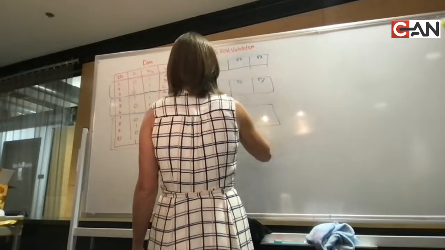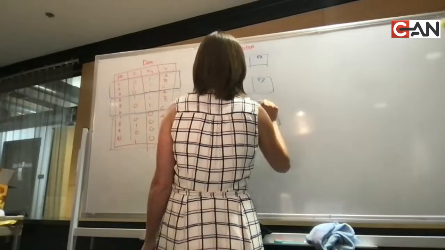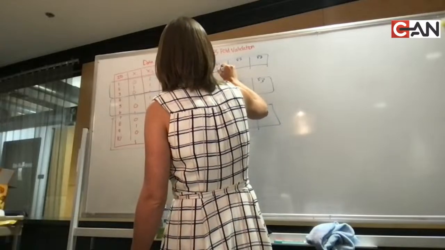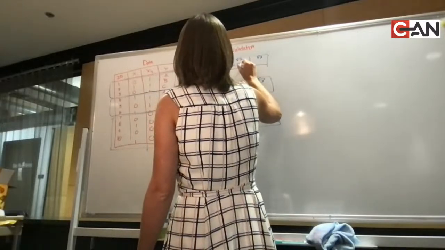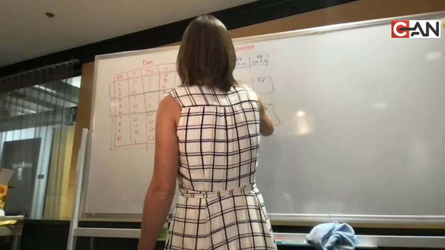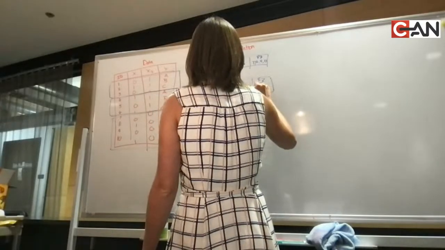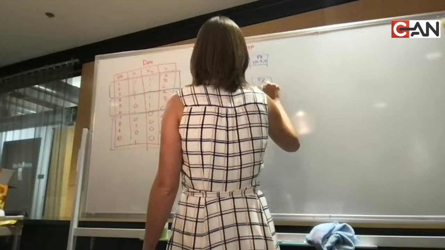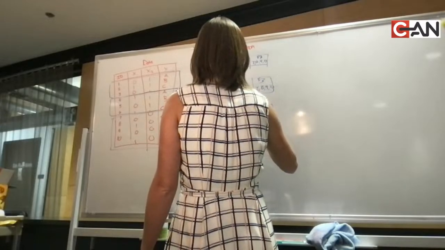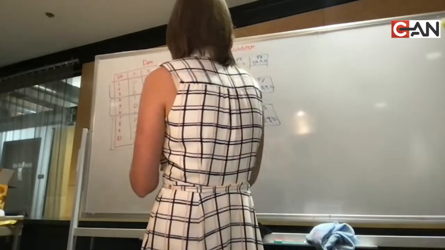Fold 1, fold 2, fold 3, and each fold would contain records 1 through 10.